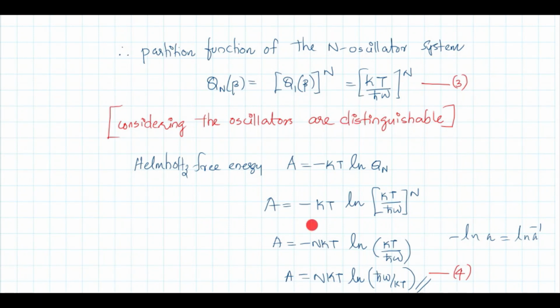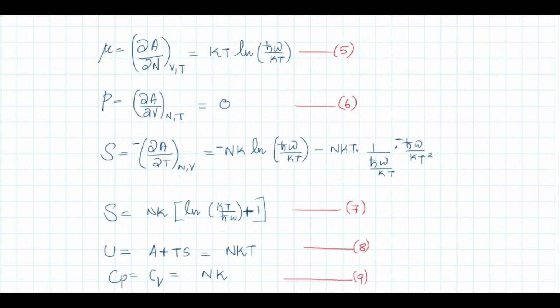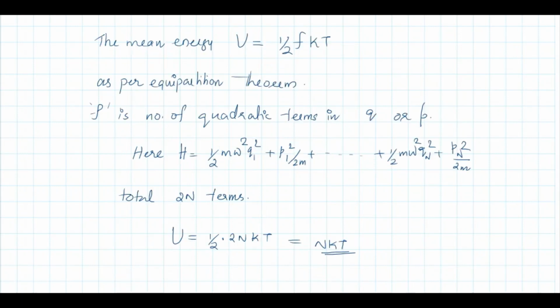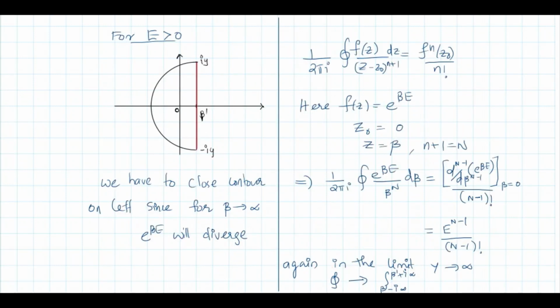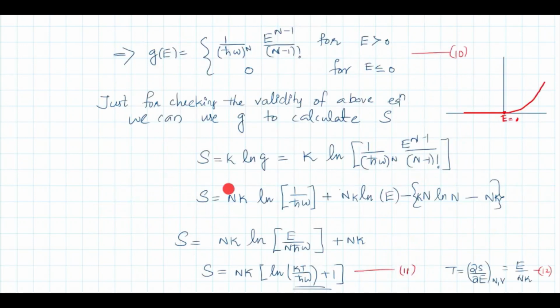Then we calculated various thermodynamic parameters like Helmholtz free energy A, chemical potential mu, pressure P, entropy S, internal energy U, specific heat capacities Cp, Cv, and then we verified the equipartition theorem. Then we calculated the density of states using the Bromwich integral, and again using the density of states we calculated entropy and verified the results are matching.